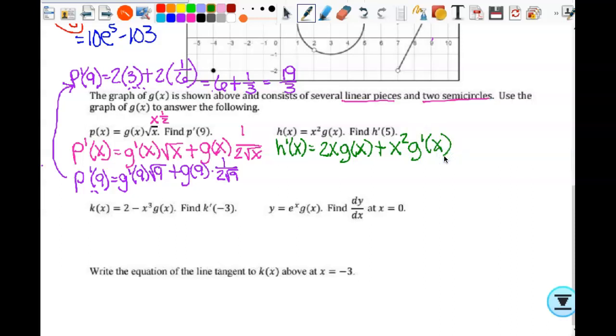I have my H prime. If you want to check your H prime before you do H prime of 5. Of course, if you don't agree with me, doesn't always mean you're the wrong one. Y'all know that well enough by now.